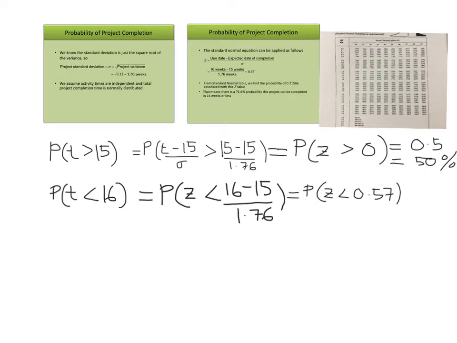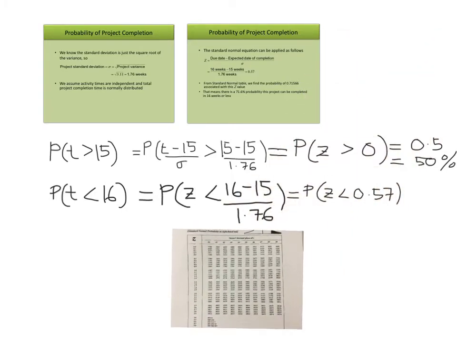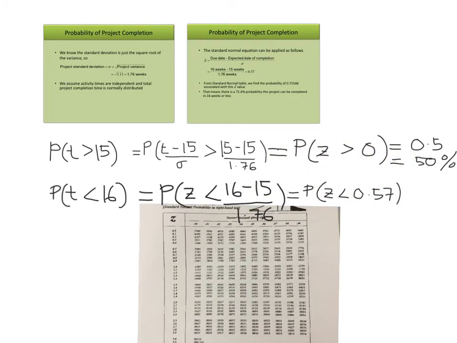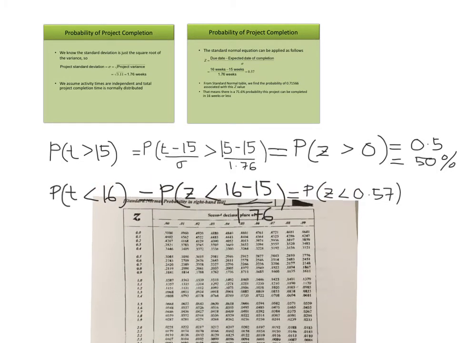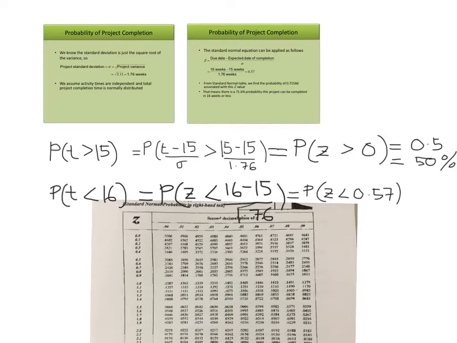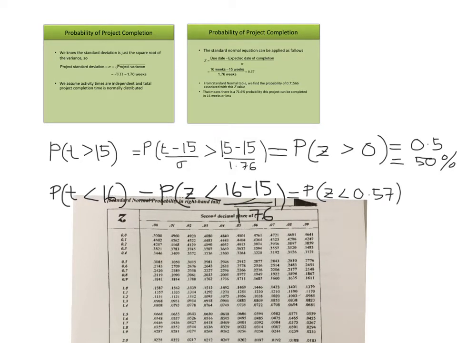So let's look at this table. Now where is 0.57? If we look at the table, this is 0.5, and 0.57 is here.